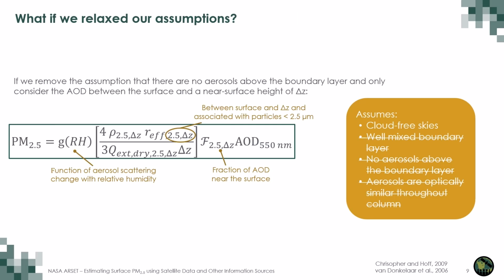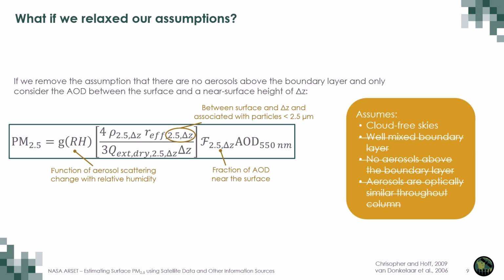In order to broaden the applicability of this equation, we can relax a few of the initial assumptions and rearrange to solve for PM2.5 given the retrieval of AOD. Here, rather than assuming the aerosols are well mixed throughout the boundary layer, we're going to assume that we know the fraction of AOD that occurs near the surface, up to a height of delta Z, and is associated with PM2.5.